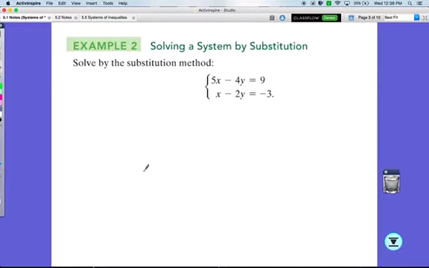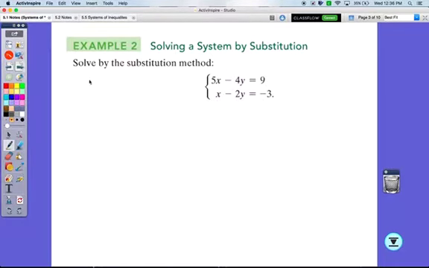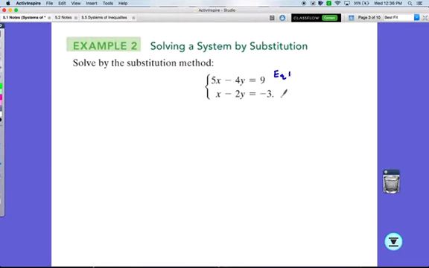To solve this one by substitution, I'm going to label my equations so I can talk about them: equation 1 and equation 2. The first step is to solve one of these equations for a single variable. Equation 2 is the one I want to work with because I don't have a coefficient on the x.